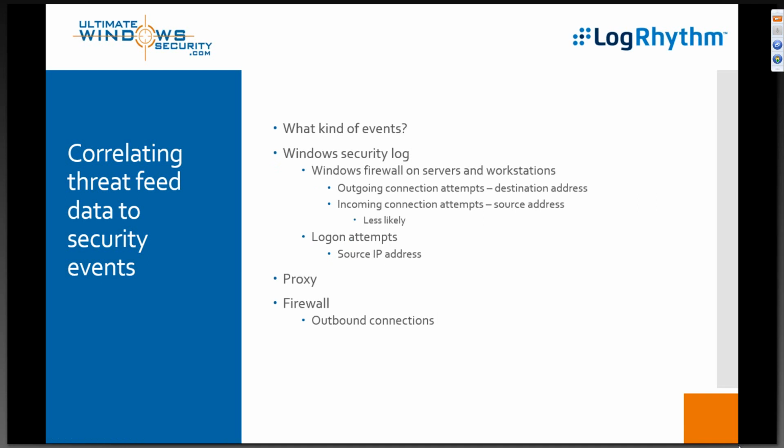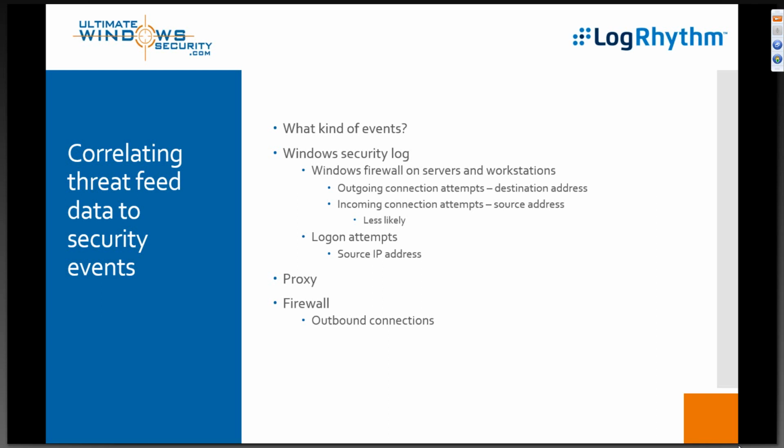So if we're going to actually try to correlate threat feed data against our logs, then what kind of events are we talking about? Well, obviously, if you've got events coming from your proxy server, from your firewall, particularly on outbound connections, and by the way, most of the threat feeds we're talking about today pertain more to your outbound connections than incoming.